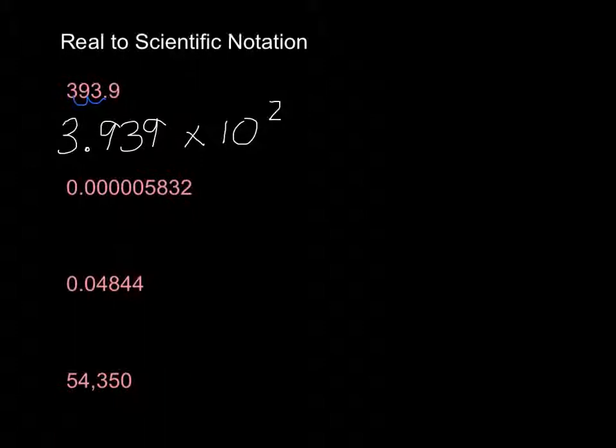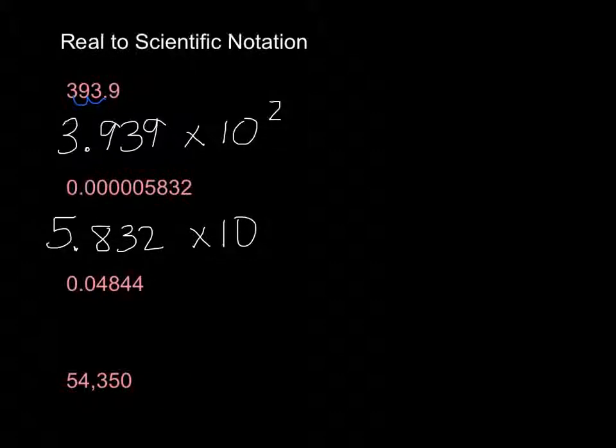Let's look at the next example, 0.000005832. What's our first non-zero digit that you come to? 5. So, when you write this in scientific notation, it becomes 5.832 times 10.